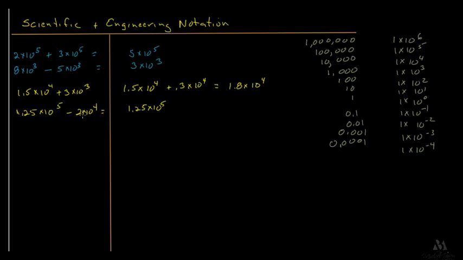And we need to move this 2 times 10 to the fourth to a 2 times 10 to the fifth. So we're going to have to move the decimal point over one spot, which is going to give us 0.2 times 10 to the fifth. All right, now let's subtract: 1.25 minus 0.2 is going to give us 1.05 times 10 to the fifth.